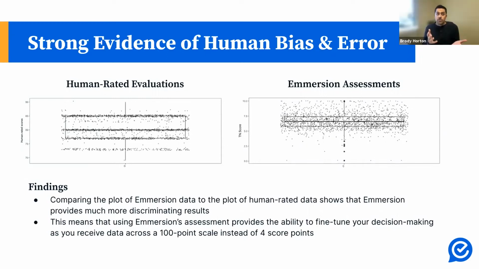So, it's interesting. The reason why we wanted to share this data, as you and I talked about, is there hasn't been a lot of research comparing human rated evaluations and automated assessments. And this few thousand data points really is a good sample size for somebody who still has some skepticism, and I am as well, about, all right, that's great that, in theory, the AI model scattered these points across this graph a little bit better.